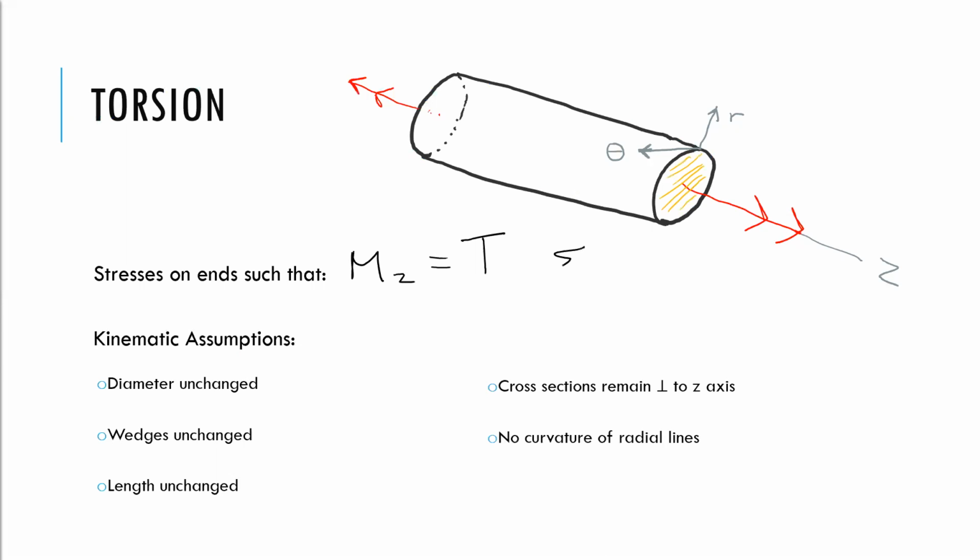But the sum of the forces has to be equal to 0. So even though we're developing a moment, there's no net force to this object. The other key thing is that in this application of pure torsion, we have no stresses on the lateral boundary.